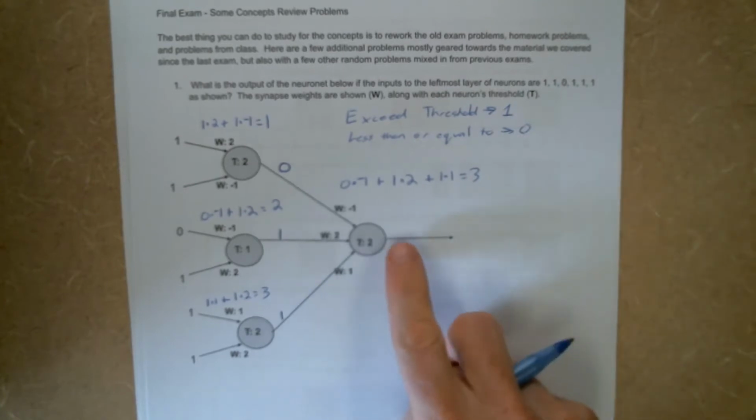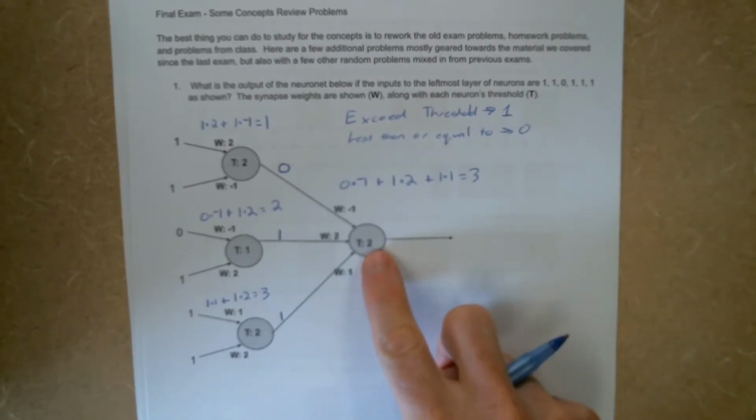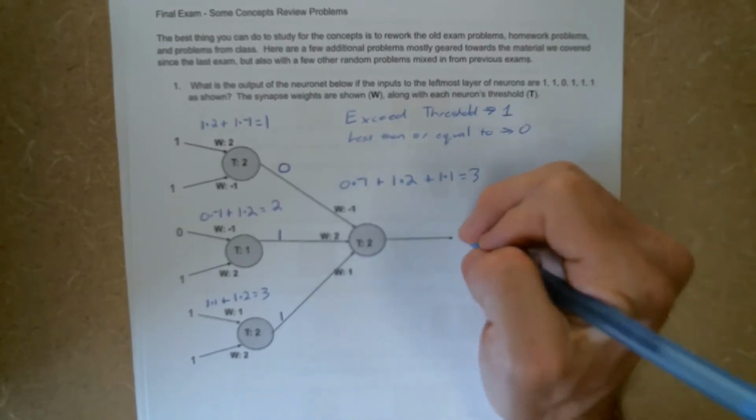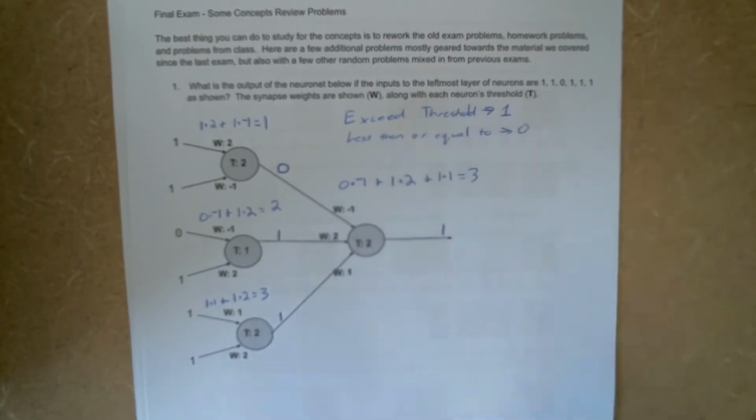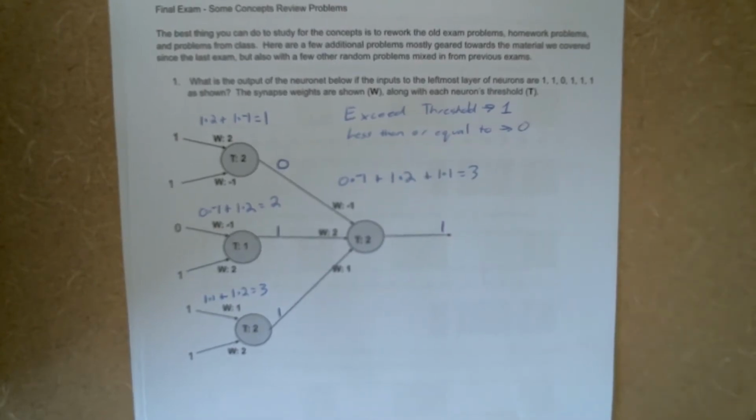That exceeds the threshold value of 2 here. So the final output is going to be a 1. So again, it's just going through the different weighted averages, looking at the inputs, generating the outputs, and then feeding those outputs into the next layer.